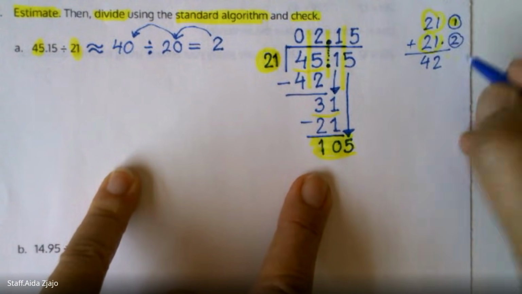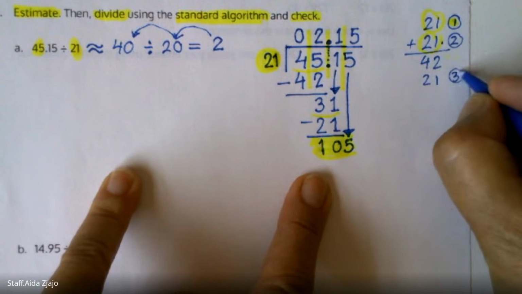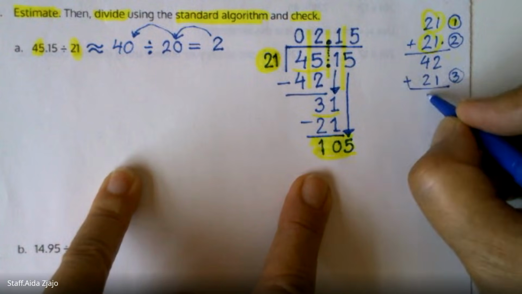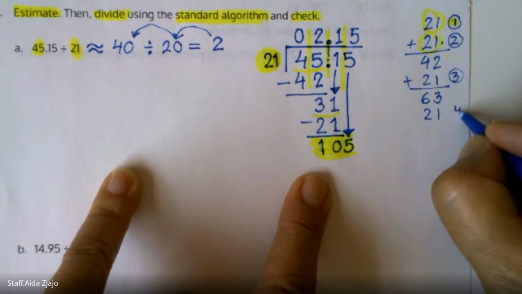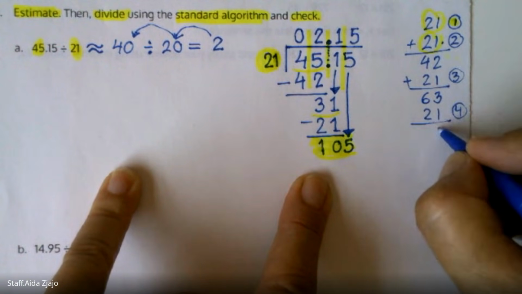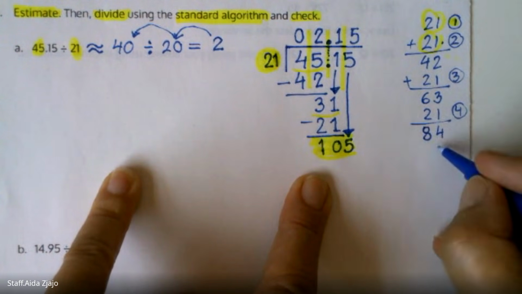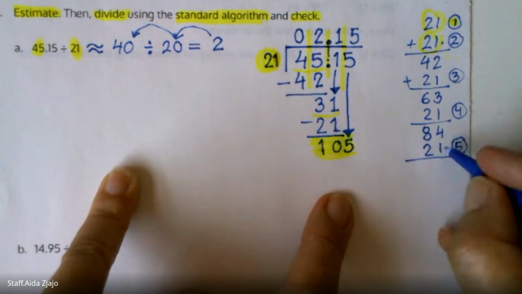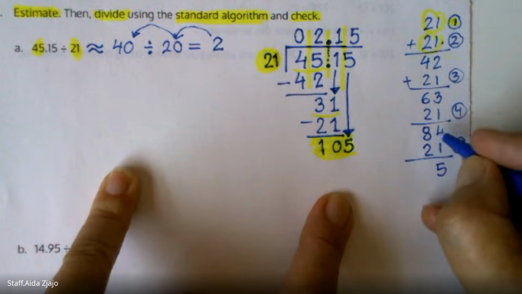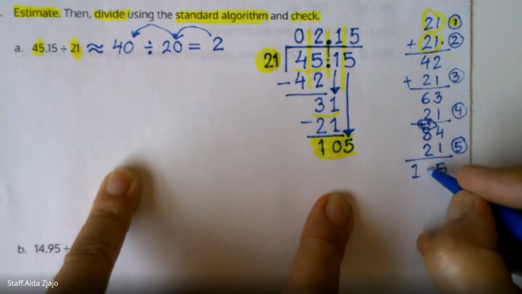So 42, if I add 21 again, that will be 3 groups, and that will be 63. I will add 21, and that will be 4 groups, and that is 84. And I will add 21. That will be 5 groups of 21, which gives me 105.